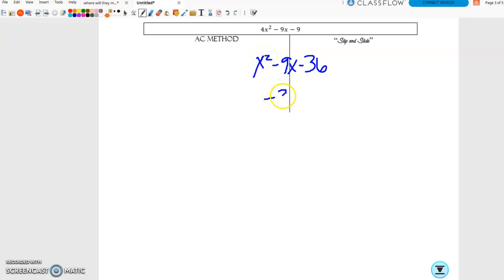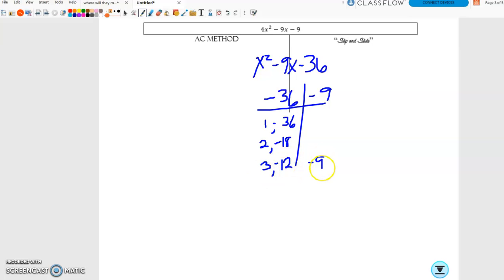If you do your sum difference chart, you have negative 36 and negative 9. Your larger number is going to be negative, so that would be 1 and negative 36, 2 and negative 18, 3 and negative 12. And that's the one that adds to negative 9. So that's the one that we're going to use when we're using our AC method or slip and slide.